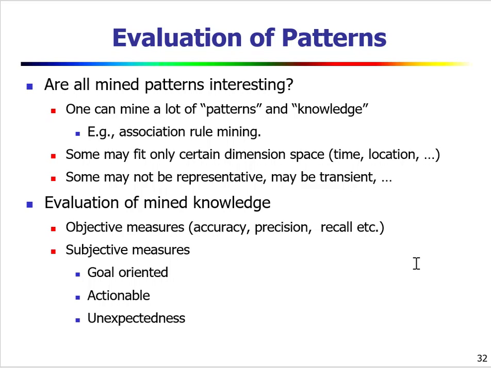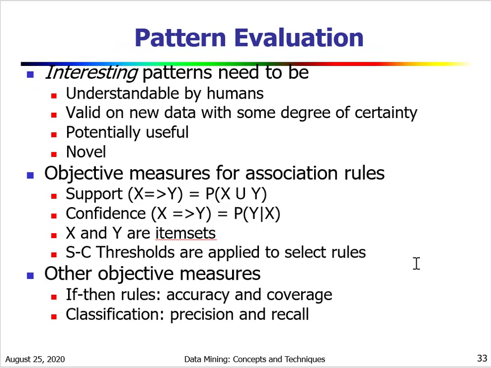So it's hard to use subjective measures to compare system performance. So in this class, even though we want you to be aware that those subjective measures are very, very important, really, we spend lots of time talking about and doing objective measures. We report accuracy, precision, recall, and all those measures on our mining systems.